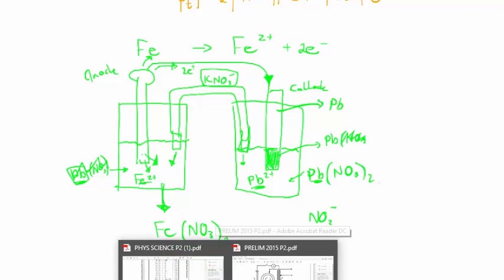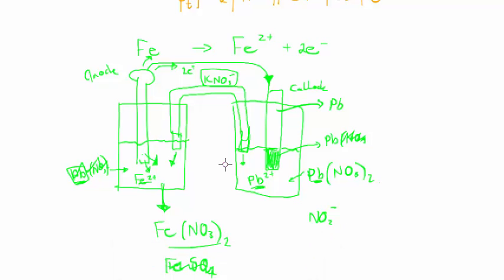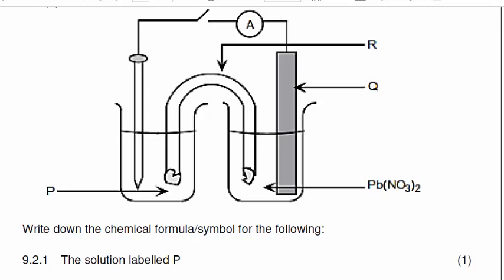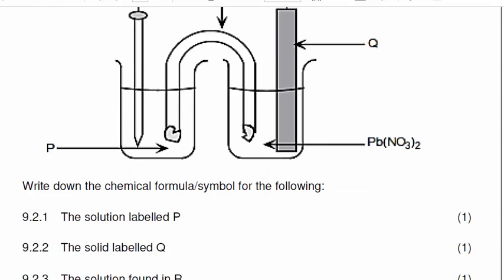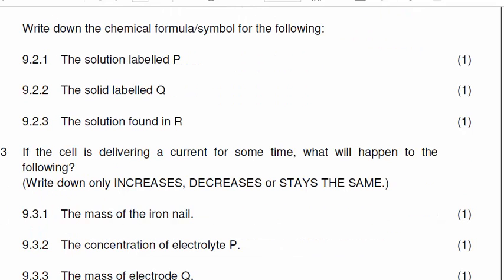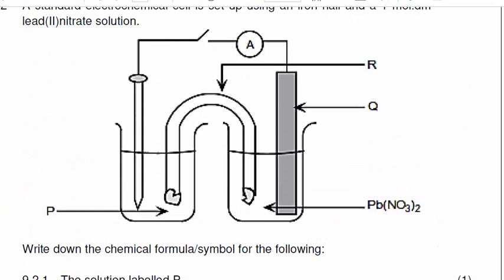So will it increase or decrease or stay the same? The mass of the nail? Decrease, because you're losing iron. Now that the current is flowing, I'm losing iron because my iron is being donated into the electrolyte solution, my iron ions.